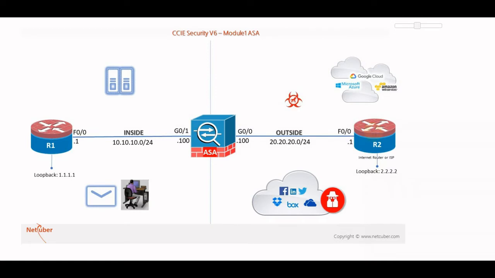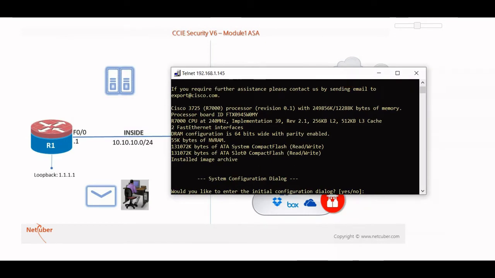Let's bring in the second router. This is our router 2. We'll be configuring the host name and assigning the IP address.